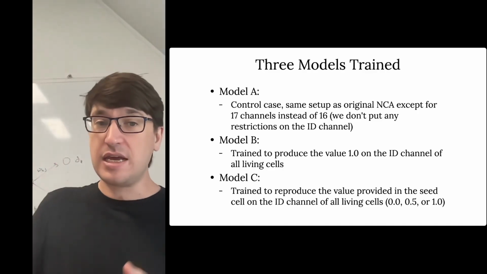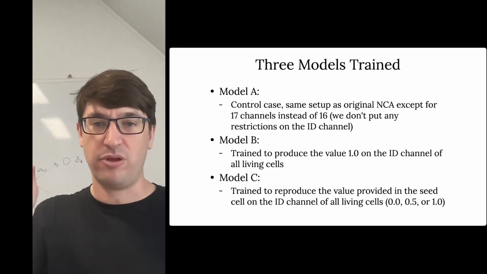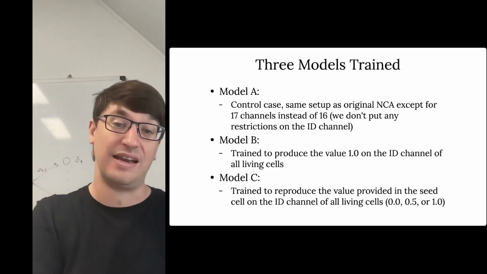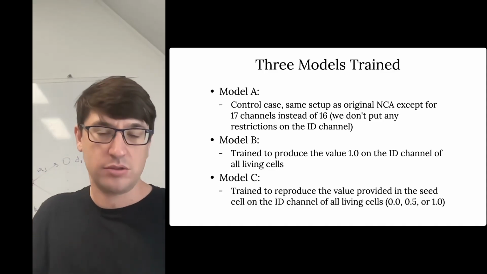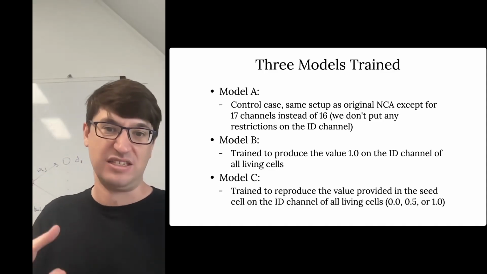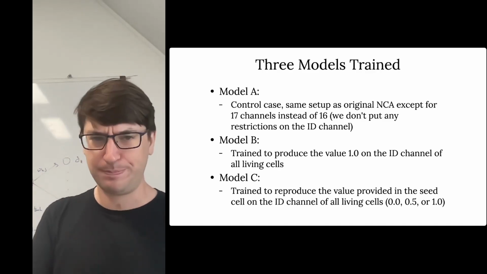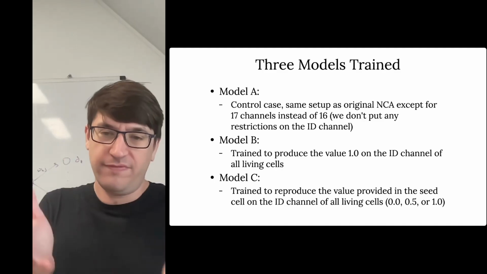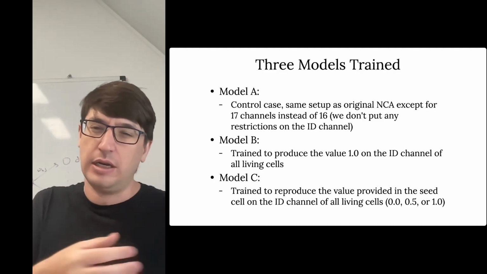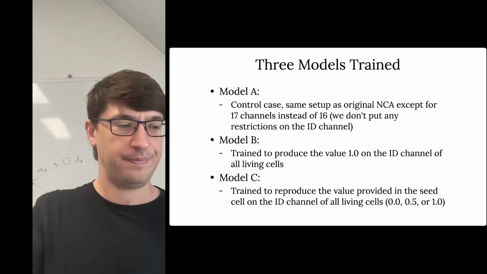And then model C is effectively the same as model B, except instead of just remembering the value 1, we give it a value on the seed cell, and it has to remember that value. So it has to propagate that as it's growing. And that can be either 0, 0.5, or 1 in the training which we did. This is very close to what we were doing with the internal signaling before, except now it's actually having to reproduce that value, whereas before it wasn't.